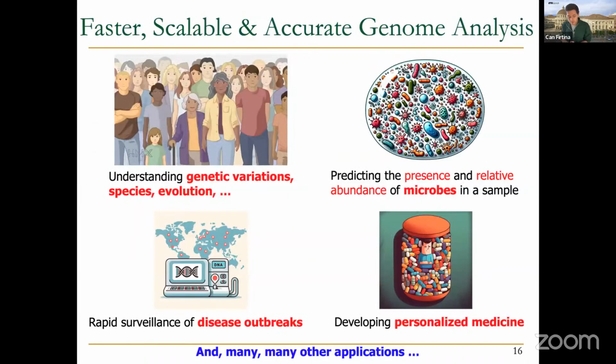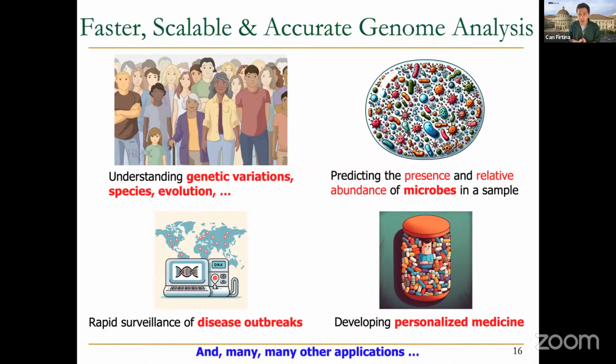So with that, let's very quickly cover what we're doing with this course with a very brief introduction. We aim for fast, scalable, and accurate genome analysis. There are very good reasons for that, because genome analysis is important for many reasons.